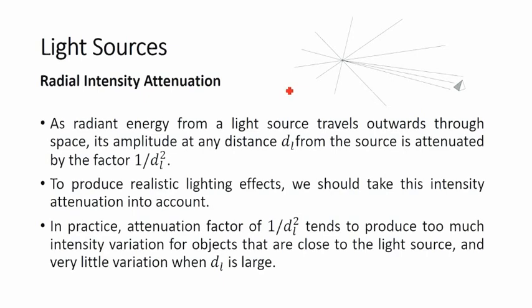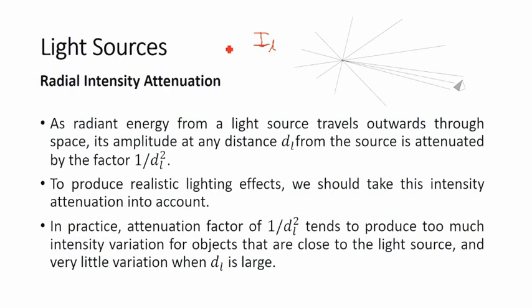When we try to model this, we take this attenuation using some factor. Let us say that IL is the intensity of the light that hits the object, or that is actually being sent out by the source.